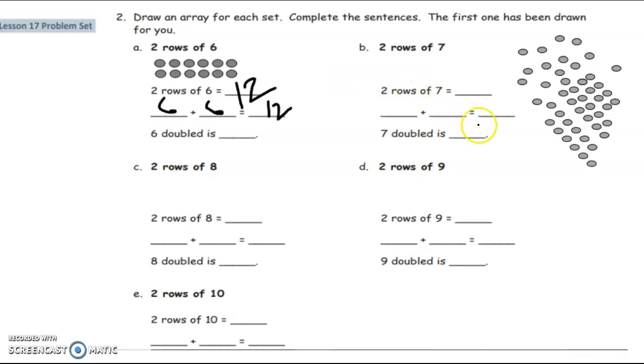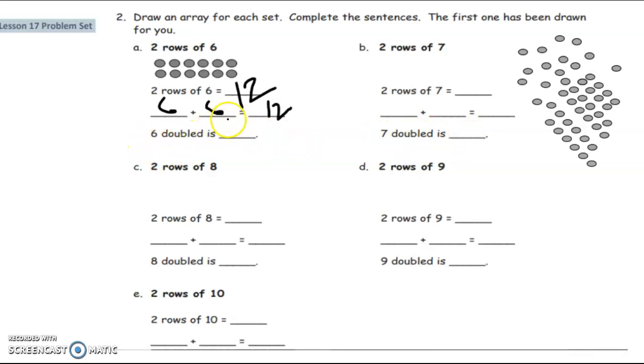Okay, guys, I trust that you guys have finished all of the problems on your own, and we're just going to go through very quickly and check them. Letter B, 2 rows of 7, you should have 14 here. And the equation is 7 plus 7 equals 14. And we know that 7 doubled is 14.